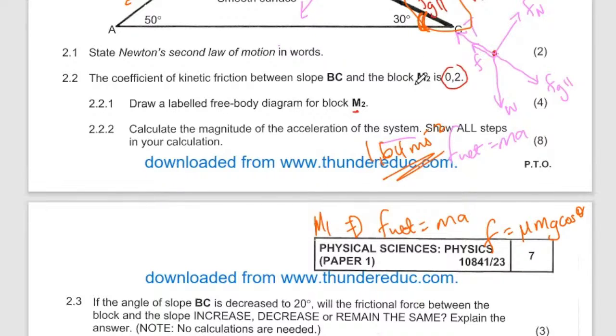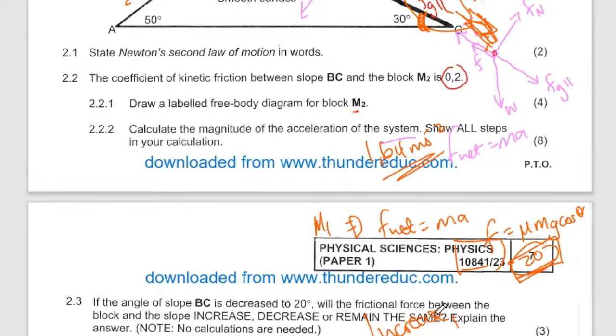And when the angle is reduced to 20, the frictional force becomes big. Because at 30 it's easy for the block to slide downwards, and at 20 you're making it difficult for the block to slide down the incline. So in this case, we're going to say the frictional force will increase.